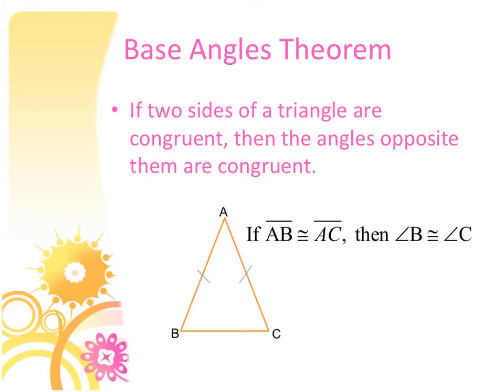Okay, now we're going to see a theorem based on this information, and it's the base angles theorem, and that states that if two sides of a triangle are congruent, then the angles opposite them are congruent.